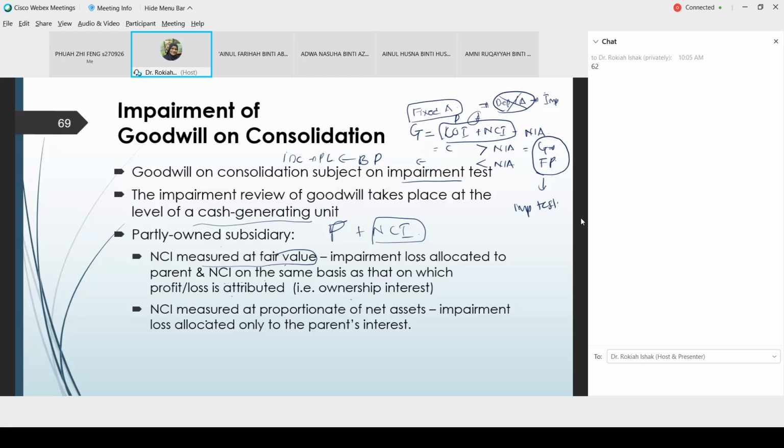If the NCI is measured based on the proportionate share of net assets, the impairment loss is allocated only to the parent interest.